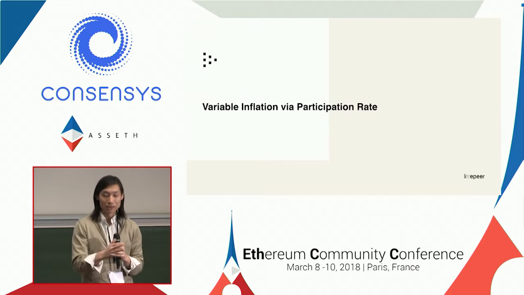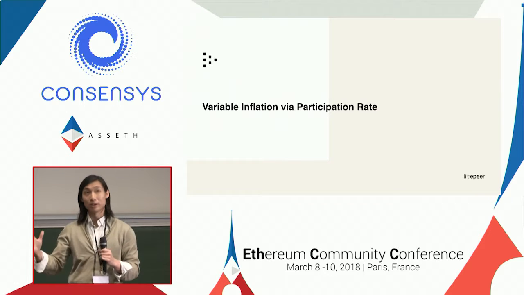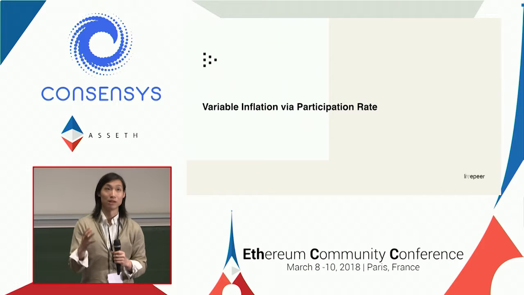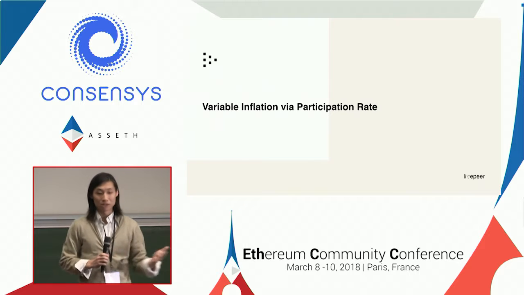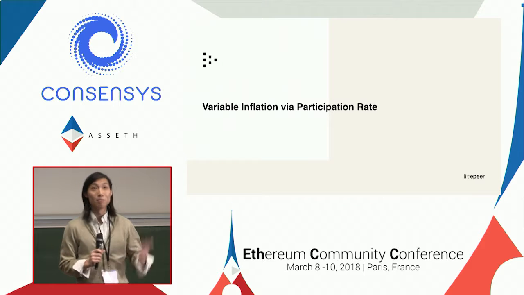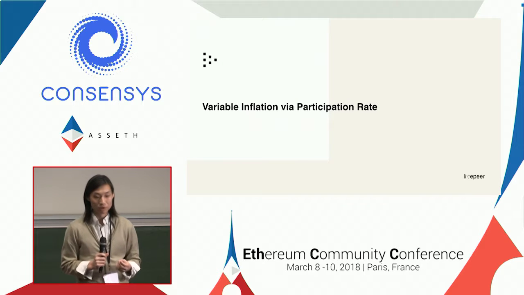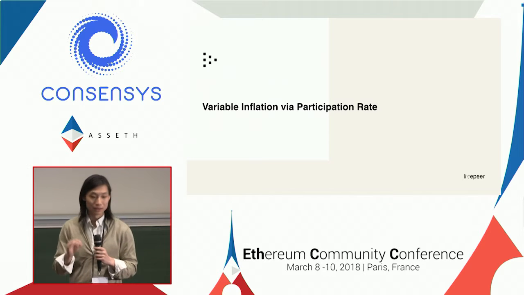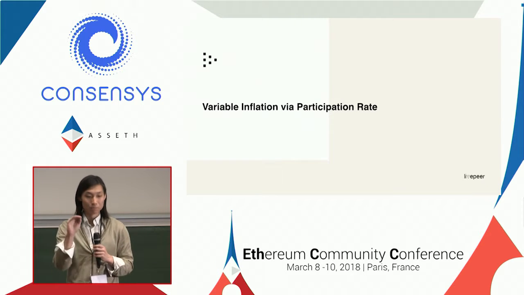So ideally, the bigger the network is, the better service it provides, the more valuable the network becomes. And we talked about earlier, high-level good participation means better value for the network. So what we do here is we peg the inflation against a participation rate.